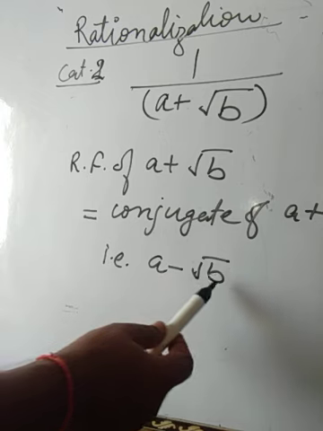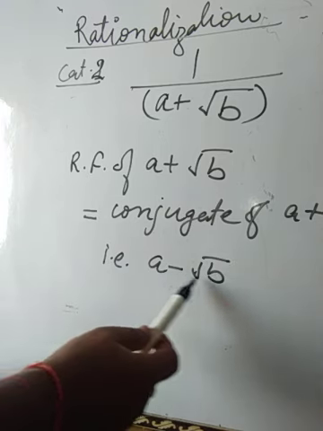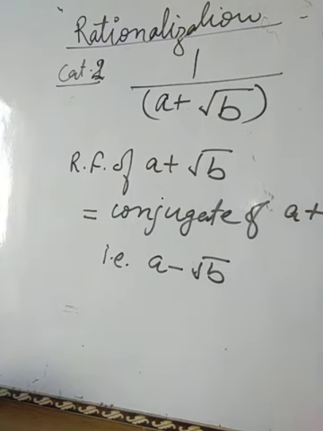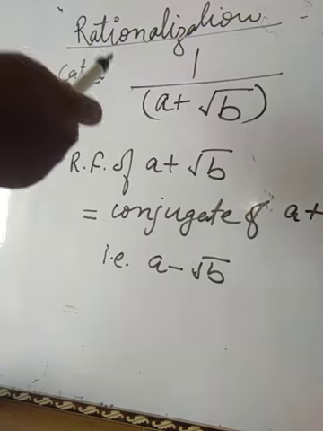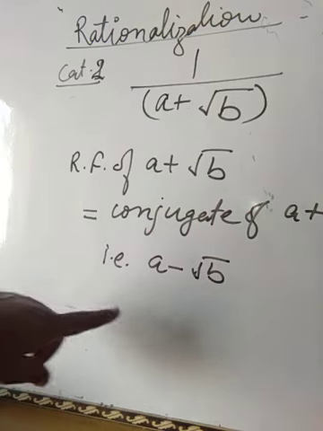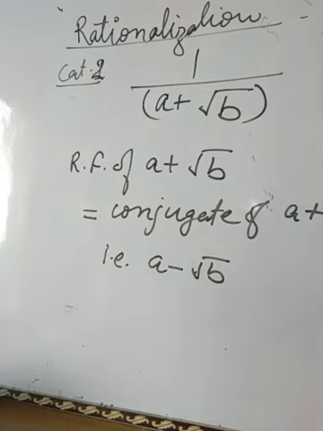Means whatever terms are given, if it is given a plus root b, the conjugate will be a minus root b. You have to change the sign between these two terms only, and that will be the conjugate, correct? If it is given a minus root b, the conjugate is a plus root b. If it is given a plus root b, then the conjugate is just after changing the sign.